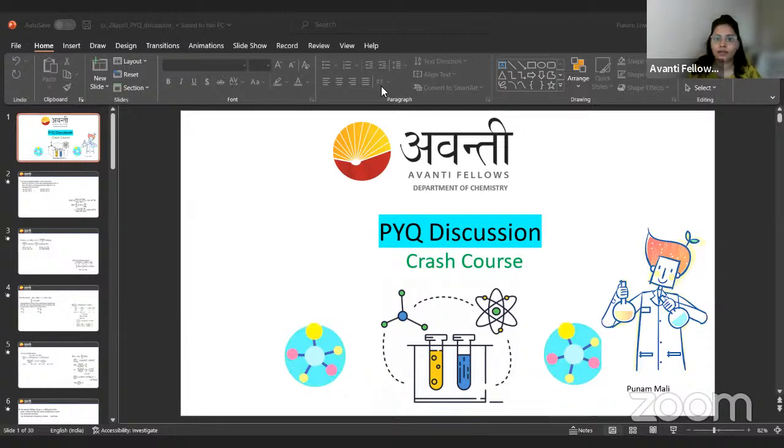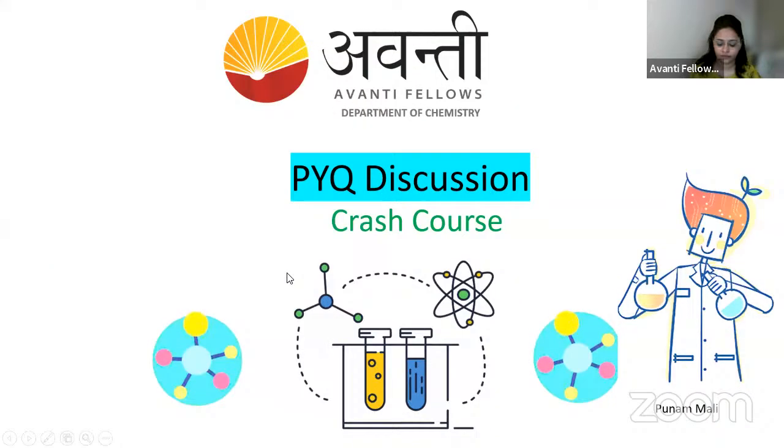Okay, please tell me whether I am audible to you and my screen is visible to you. Yes. Okay, let's begin with the session. Okay, so here we are going to talk about the questions.